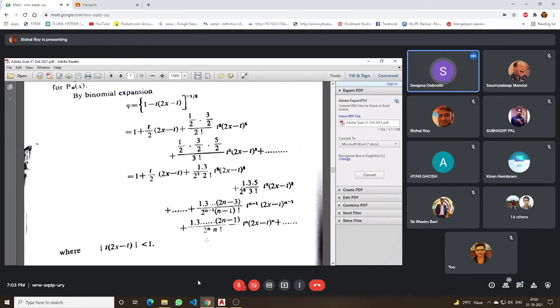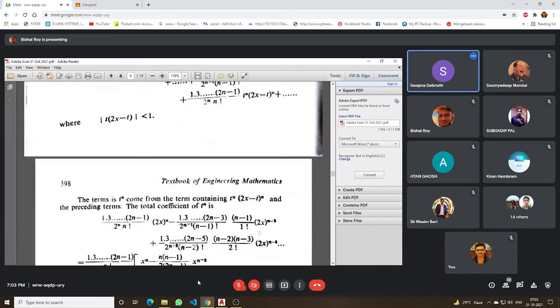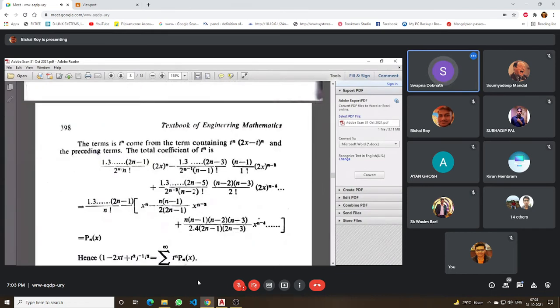This t to the power n comes from this term. If we binomially expand (2x minus t) to the power n, then the first term will be 1, 3, etc. (2n minus 1) by 2 to the power n factorial n. Look below, scroll down, this is the term (2x) to the power n. This is the first term, and then coming towards the other terms.